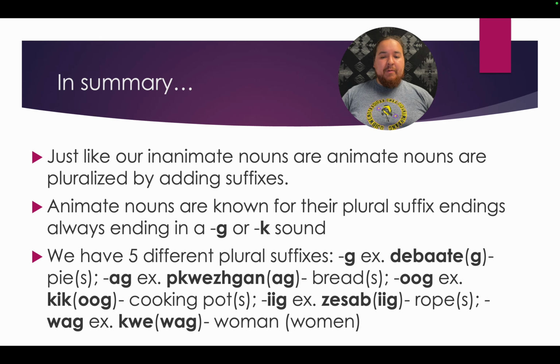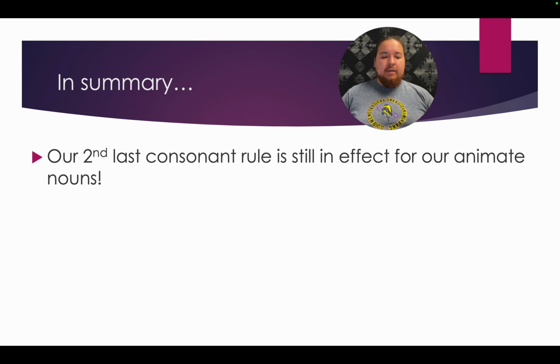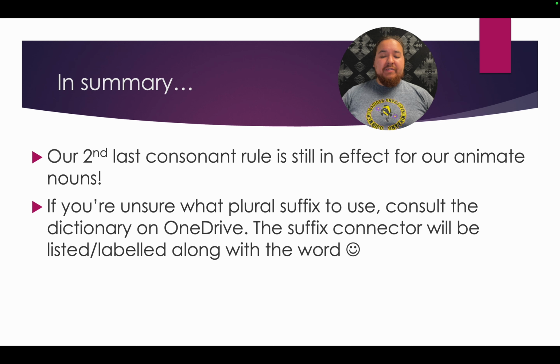We have G for debate, debateg, AG for examples like kwejganug, breads, OOG for kikog, IIG for zesbeek, and wug for the example kwewug for women. Our second last consonant rule is still in effect for our animate nouns. If you're unsure what plural suffix to use, consult the dictionary on OneDrive. The suffix connectors will be listed and labeled along with the word.